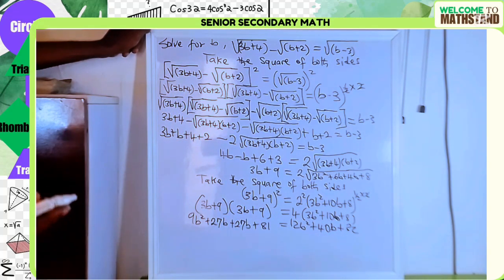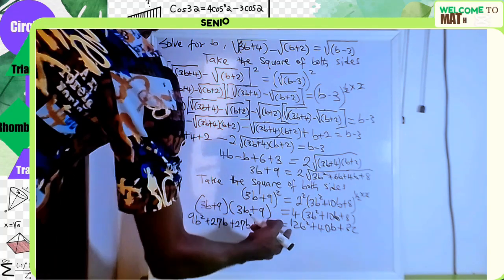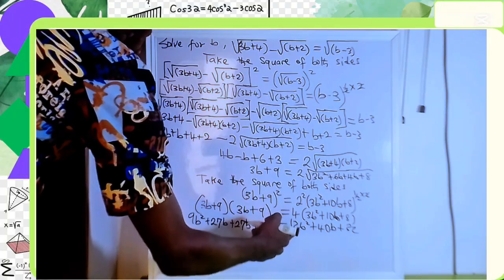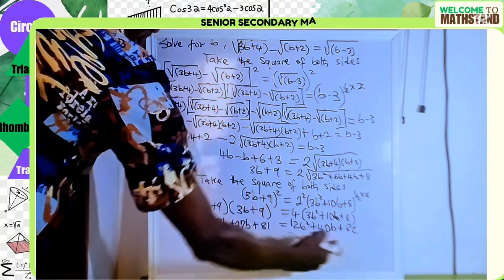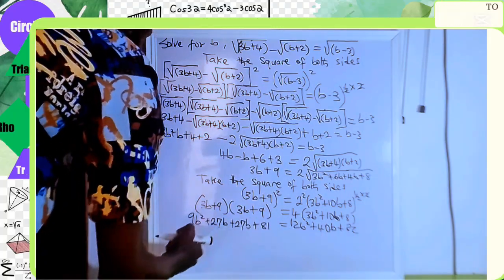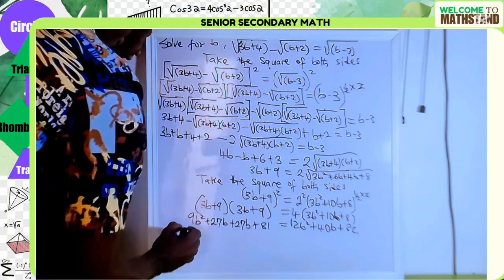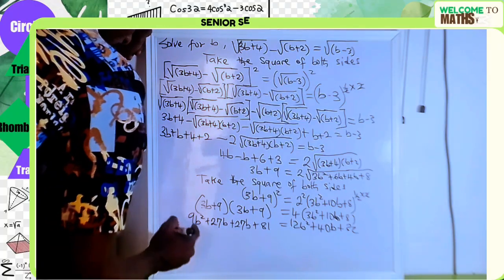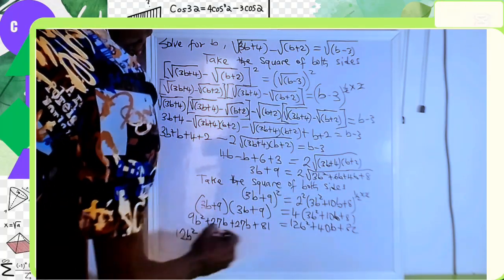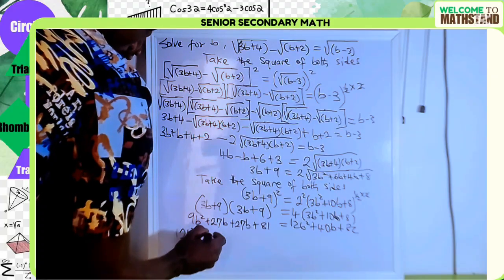So let's take everything to one side. So let's take everything to the other side, assuming this side is here. So taking everything to the other side, that's going to be 12b squared. Take 9b squared to the other side, that will be minus 9b squared.